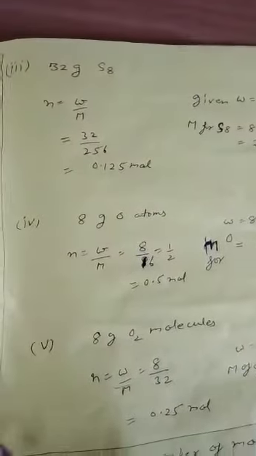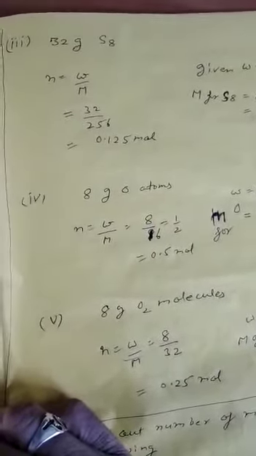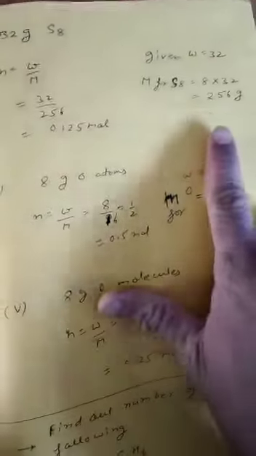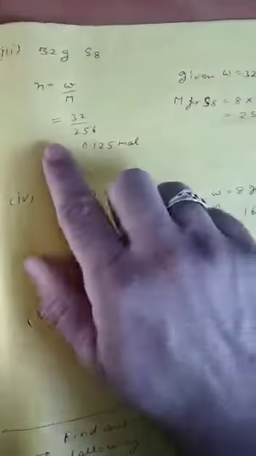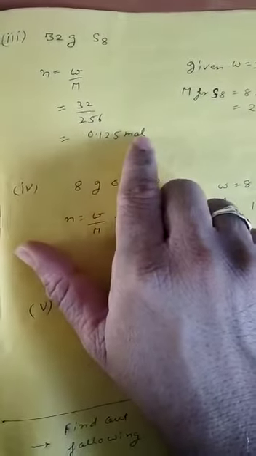Next numerical, if you are given 32 gram of sulphur, first you should calculate the molecular mass of sulphur, that is 8 into 32, that is 256 gram, and the given mass is 32 gram, so number of moles is equal to 32 upon 256, that is 0.125 mole.